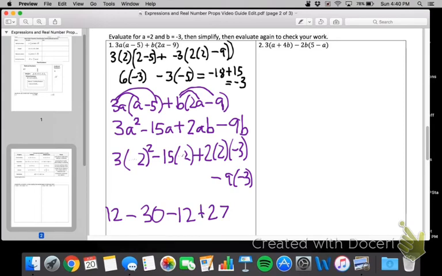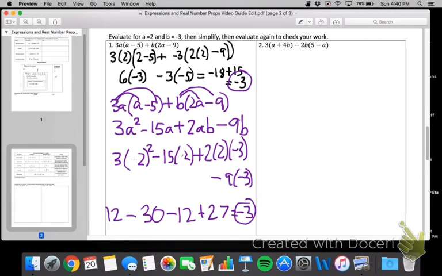And this actually all does come out to negative 3. So we got the same answer before we simplified and after we simplified. So we know we did this right. And you could check your work if you pick any pair of numbers and substitute them in before and after you simplify. And if you did it right, you'll always get the same answer.